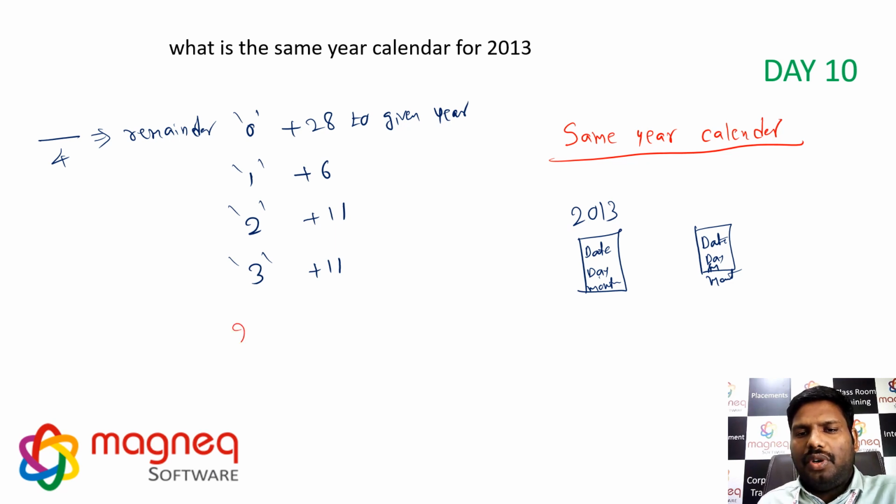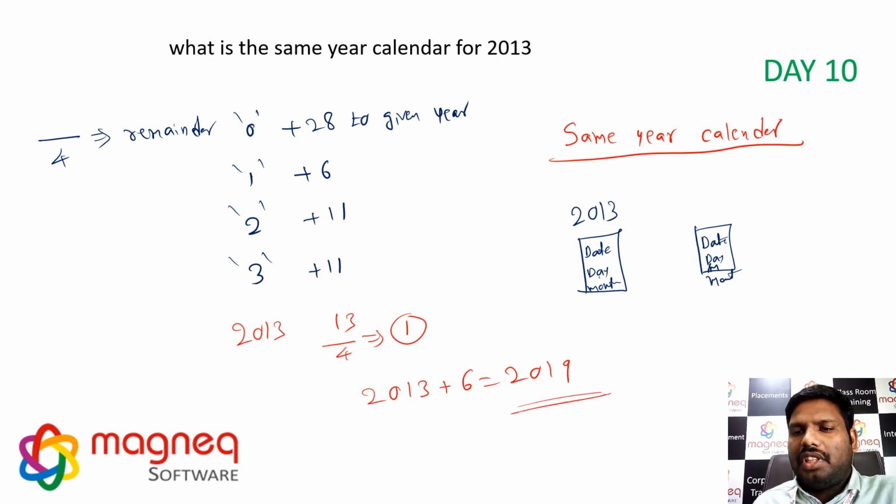So given 2013, 13 by 4, remainder 1, so 2013 plus 6 is 2019. The 2013 and 2019 calendars are the same, with the same day to day and month.